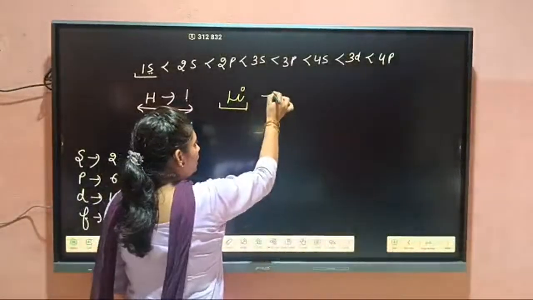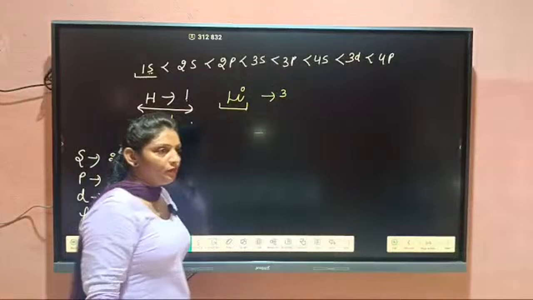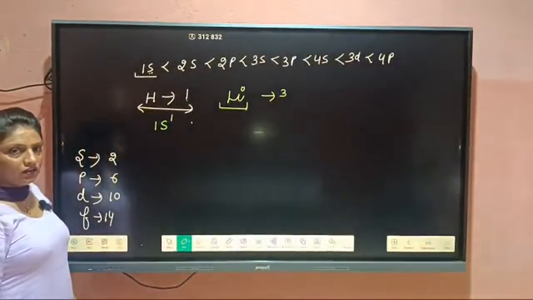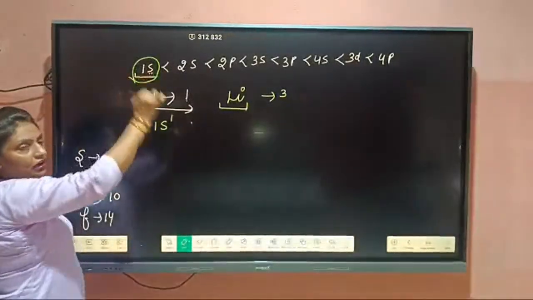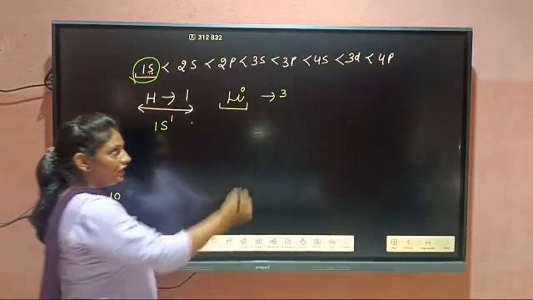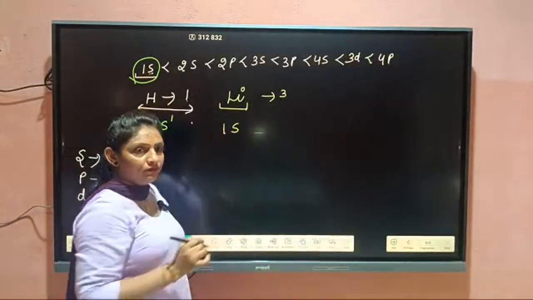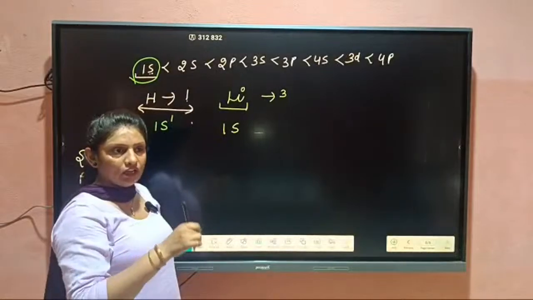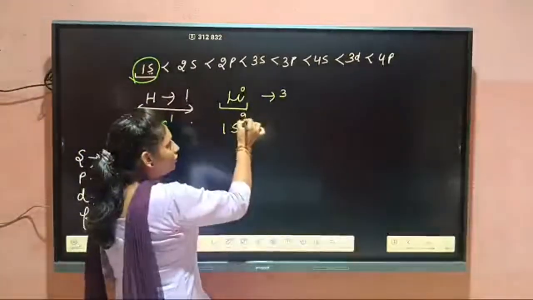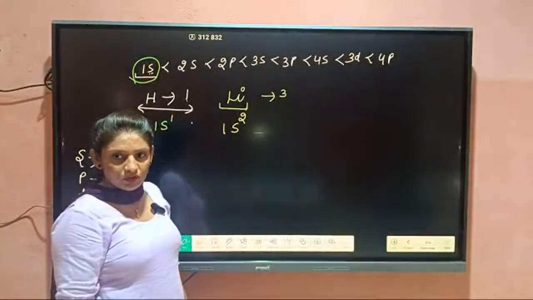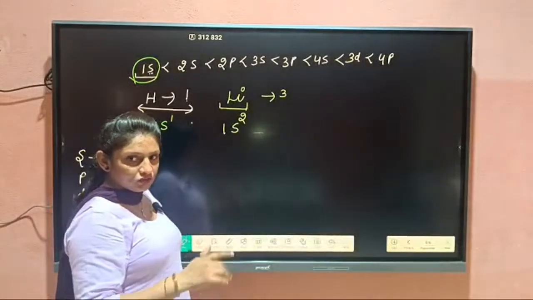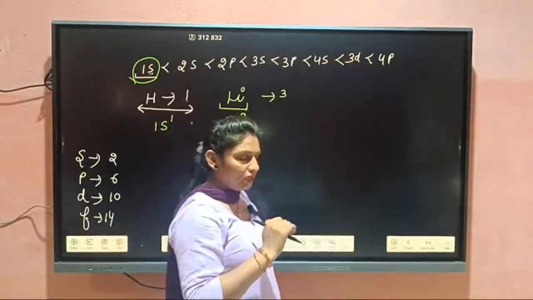If we want to fill in lithium, what is atomic number of lithium? 3. First of all we will fill electron in 1s. In s we can fill maximum 2 electrons. So in 1s 2 electrons we have filled, so we have now 1 only.